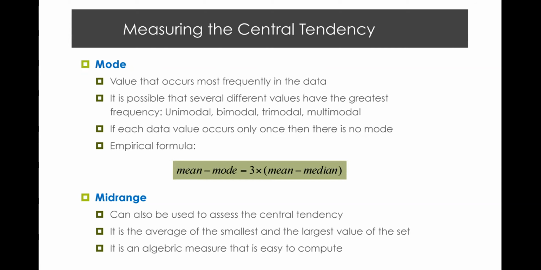If each data value occurs only once, then there is no mode. Okay, clear? That is the empirical relation. How can you find out the value? Mean minus mode is approximately equal to 3 into mean minus median. So this is the way you can find out the mode.